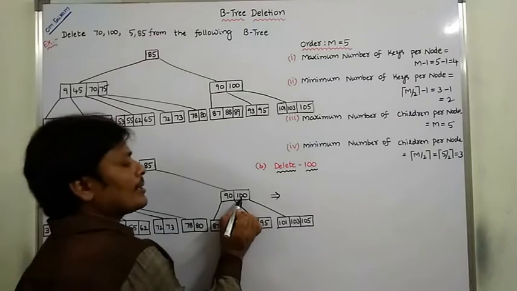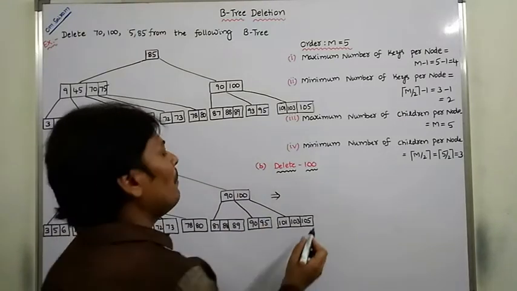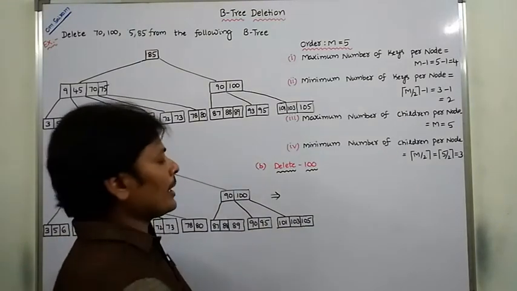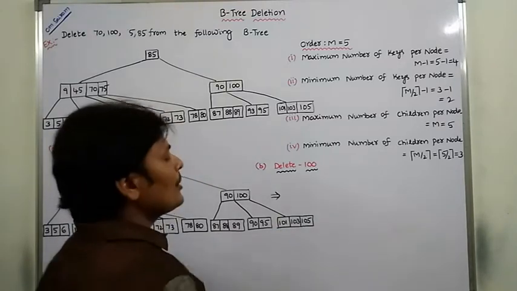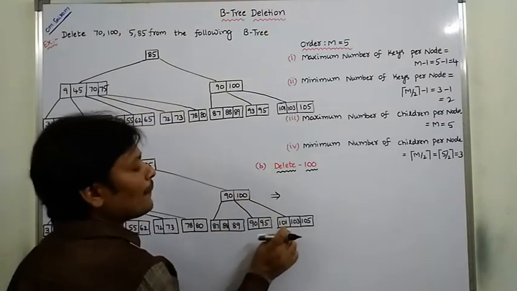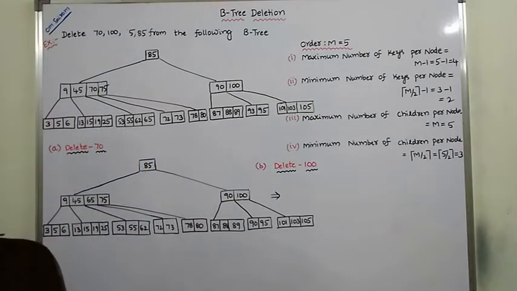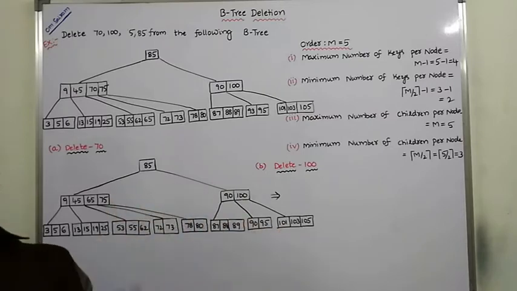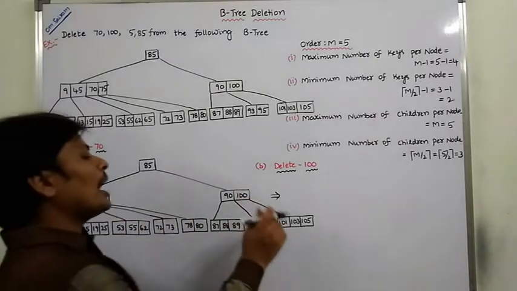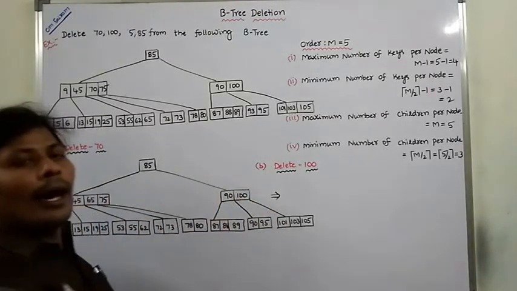The minimum element in the right subtree is 101, so 100 can be replaced with 101.